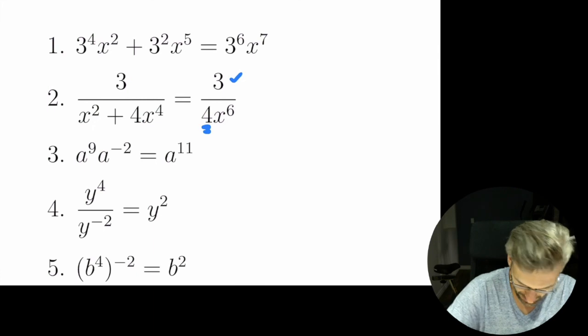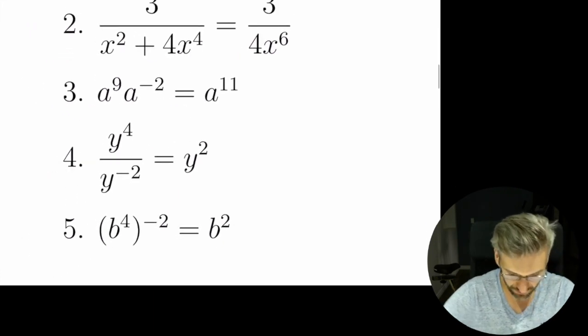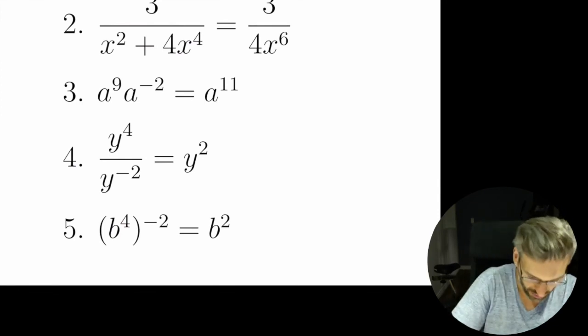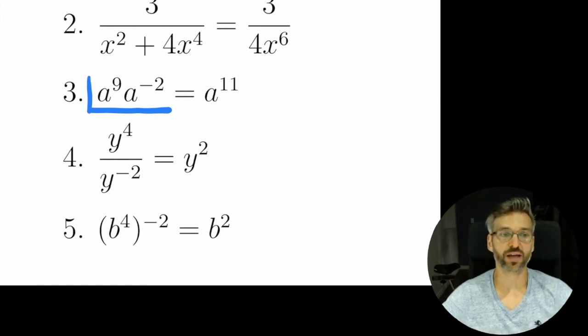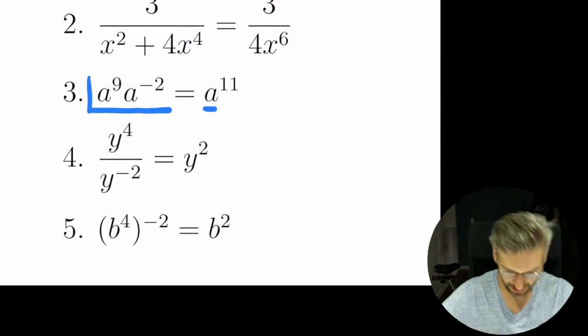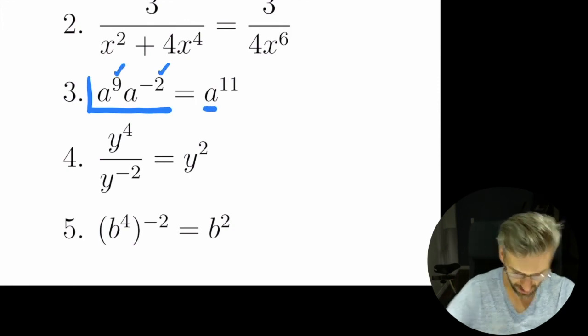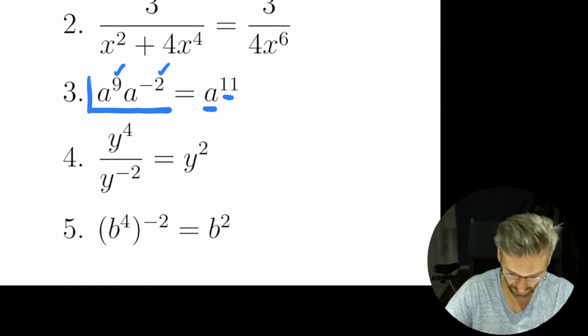So now let's continue. Number 3. This one is a common error. Notice this is actually one term that you have in here. So the variable that we have, the base, is just a. So a lines up, so that's great. That works fine. And indeed, now we have the exponents, so 9 and -2. In this case, notice that the answer they put is 11.